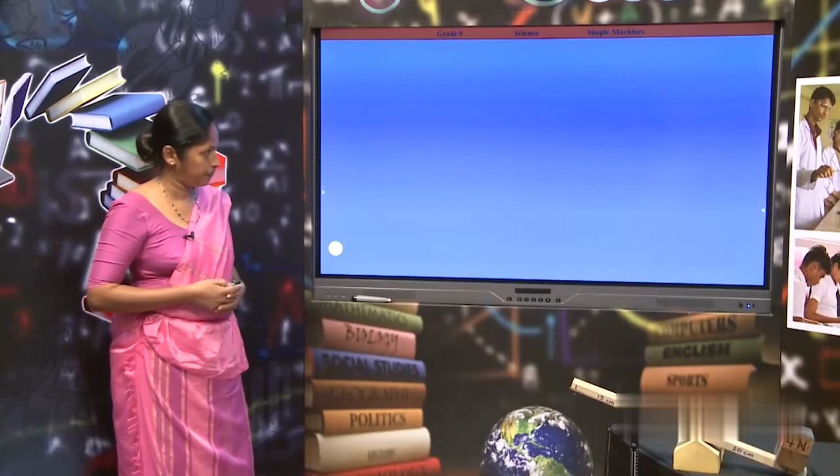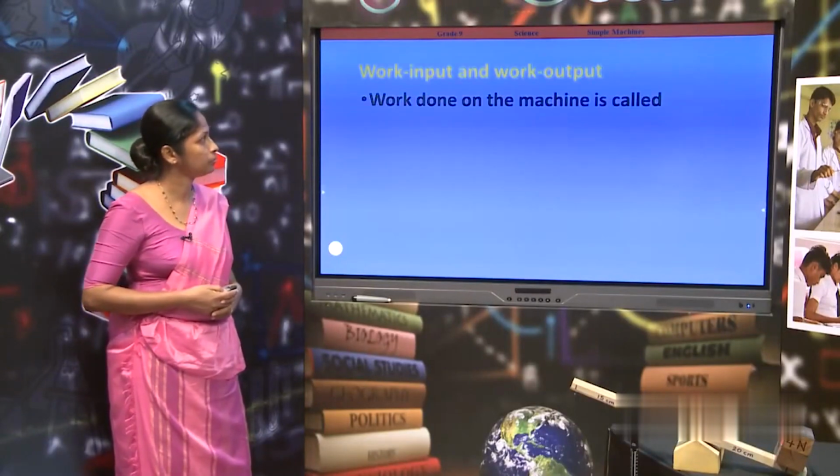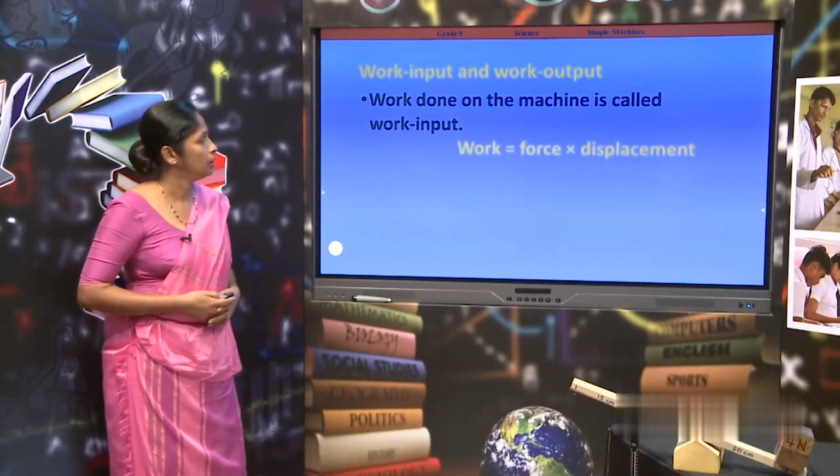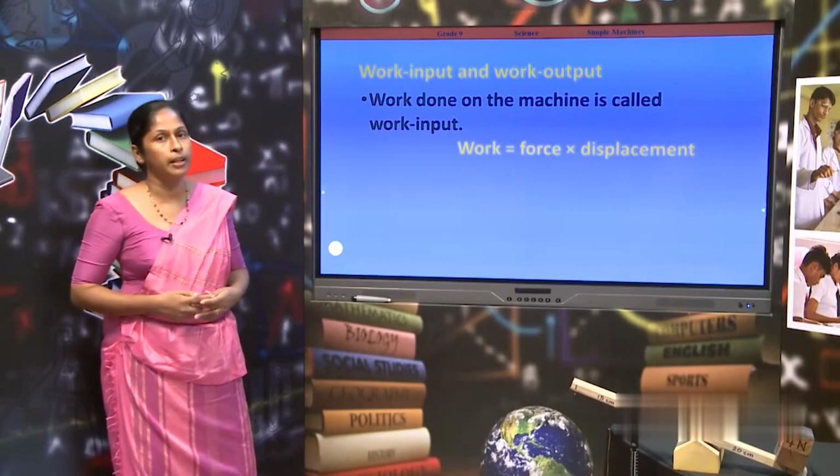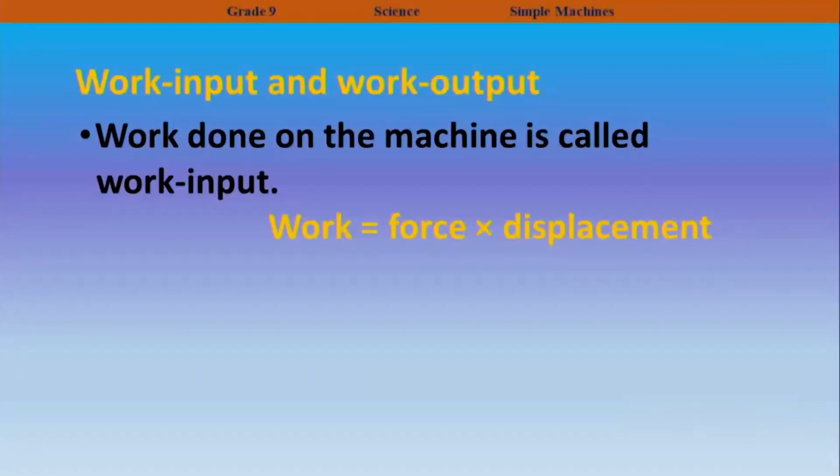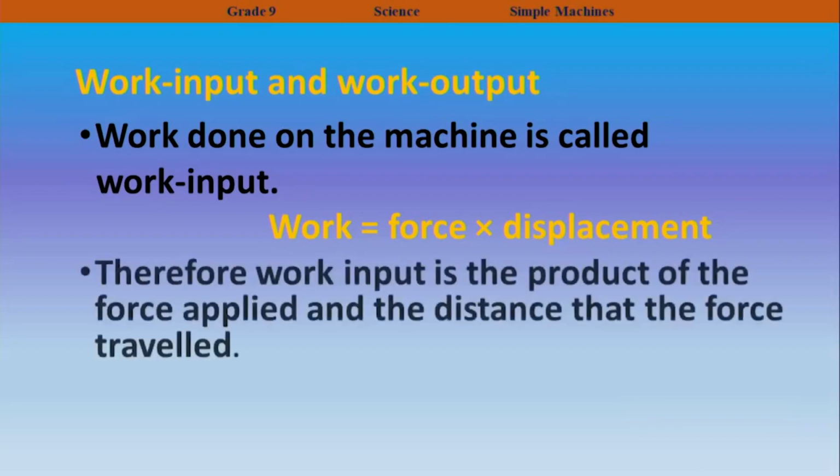In science, we calculate this work input and work output. Normally, work can be calculated by force into displacement. In this way, work done on the machine or work input can be calculated by effort into displacement of the effort.